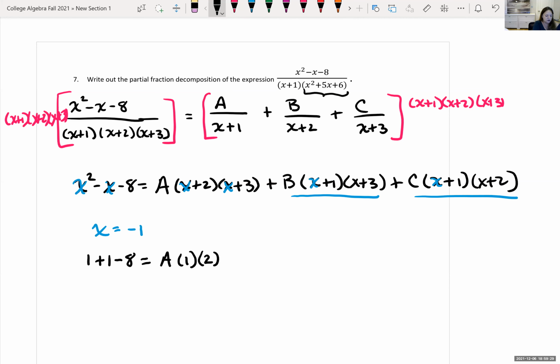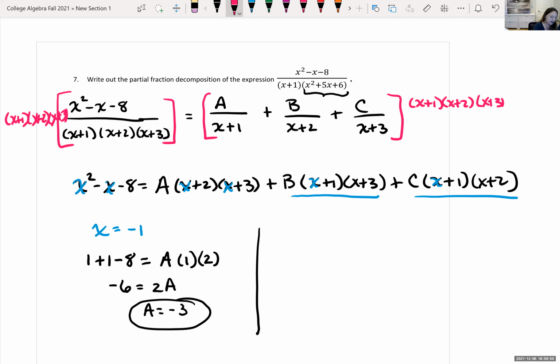So we have 2 minus 8, -6 equals 2a. Divide by 2, I get a is -3. So I want to do the same sort of idea to get my values for b and c.